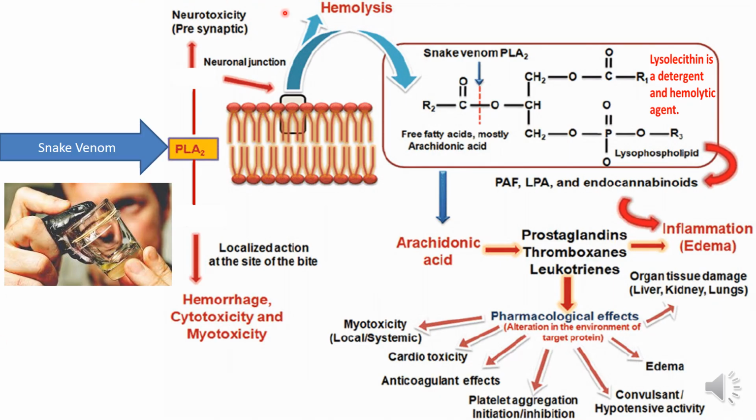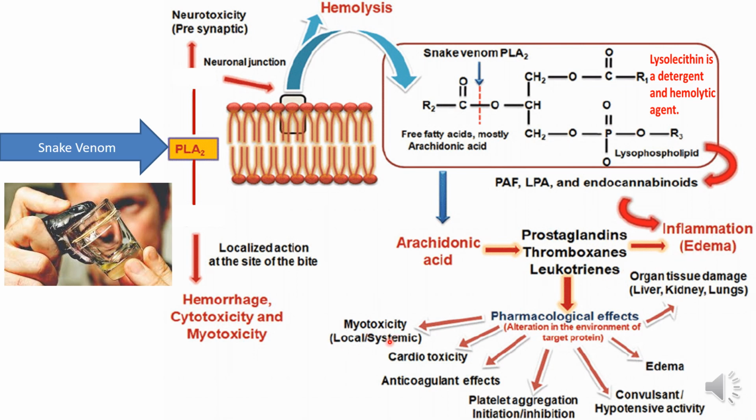Based on the action of phospholipases, there is an interesting fact that snake venom has a high concentration of phospholipase A2, and when the snake bites, this phospholipase A2 is released into the human or the animal blood, and its action is to release lysophospholipid and platelet activating factor and various prostaglandins, thromboxanes and leukotrienes which cause inflammation, edema.